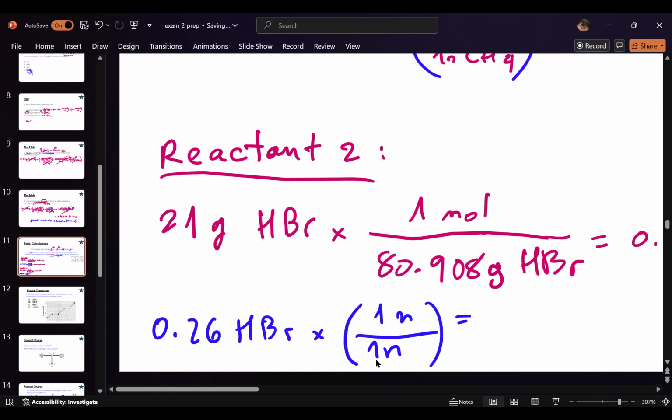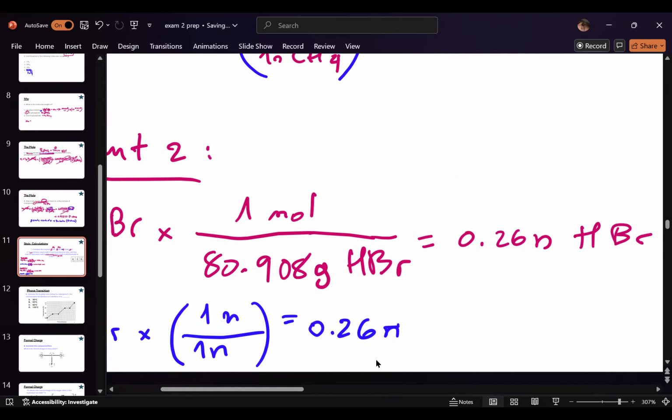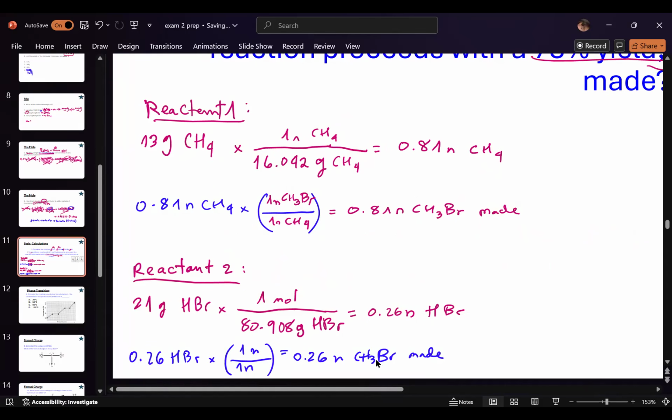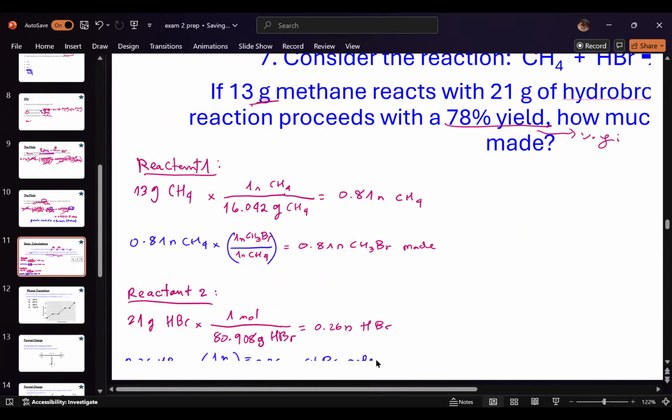When you put this in the calculator, as you can see, you can use your eyes as calculators. It's just 0.26 moles of CH3Br made.